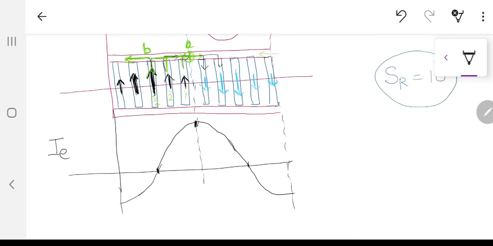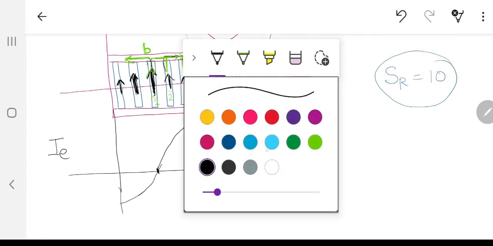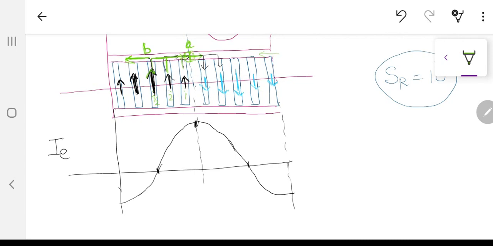Remember, all these diagrams I am drawing over here are for any particular instant. As the machine rotates, in some time all these bar currents are going to change and their orientation is going to change, certainly in some systematic way, not abruptly. So the end ring current is physically displaced over here. Now if I draw the same bar current over there, the bar current was actually like this.